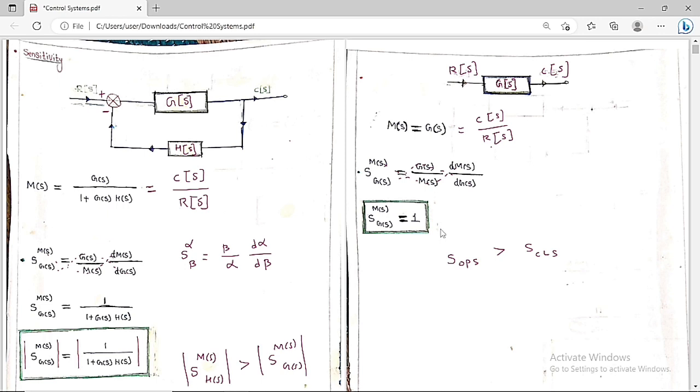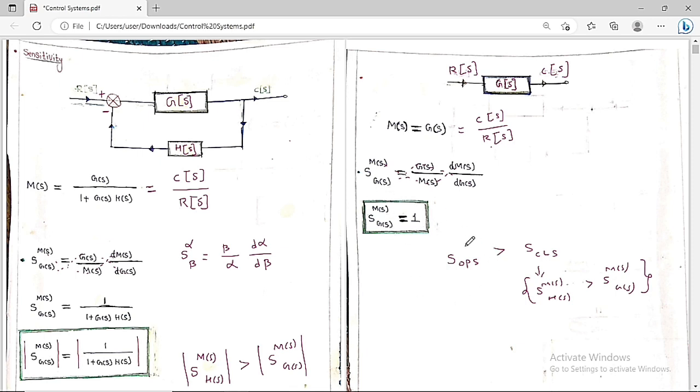In the case of sensitivity in the closed loop system, the sensitivity of M of S with respect to H of S is always higher when compared to the sensitivity of M of S with respect to G of S. In the closed loop system, the sensitivity of M of S with respect to G of S has the value 1 by 1 plus G of S H of S. Similarly, the sensitivity of M of S with respect to H of S has the value G of S H of S by 1 plus G of S H of S. Whereas in the open loop system, the sensitivity of M of S with respect to G of S is always equal to 1.